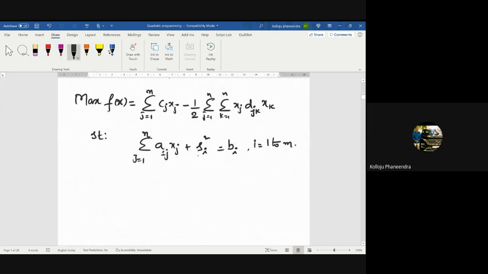See, first, this is rough work here. xj greater than or equal to 0. Convert this to less than or equal to 0: minus xj less than or equal to 0. Now, convert this less than or equal to equal to by adding rj square. rj square are the slacks, another slacks. So, minus xj plus rj square equal to 0. How many constraints?